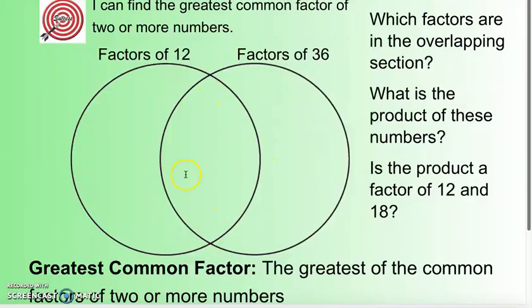And the center is basically for anything that is in common between the factors of 12 and the factors of 36. So we're looking for numbers or factors that we would put on the 12 side as well as the 36 side.